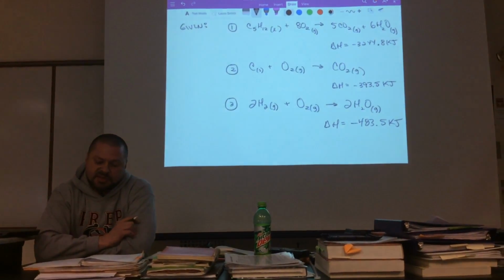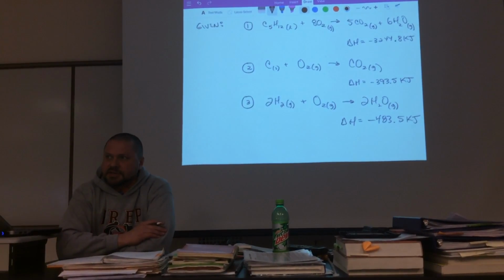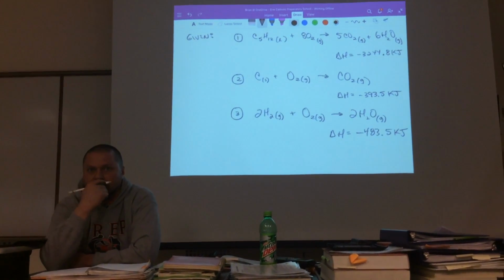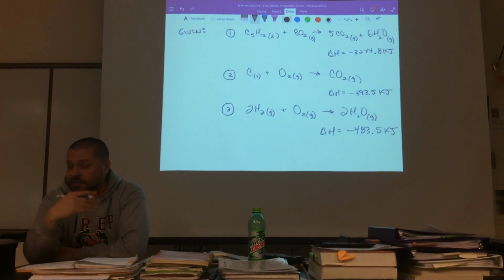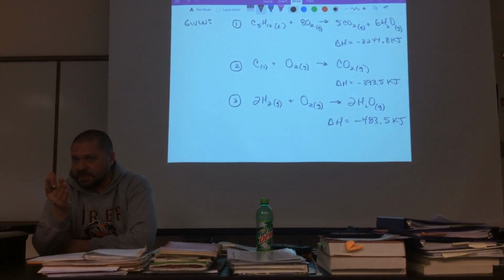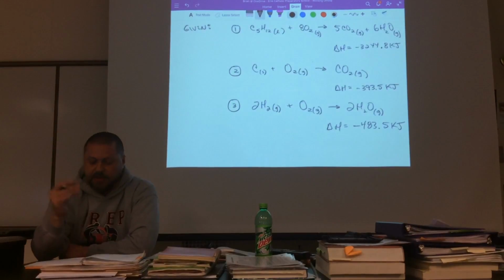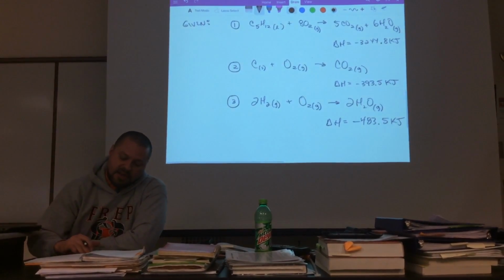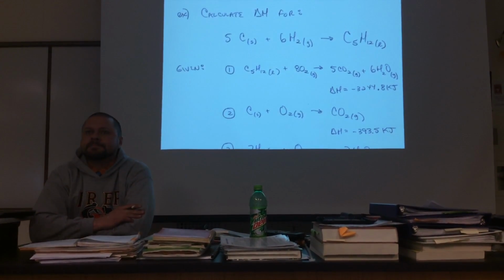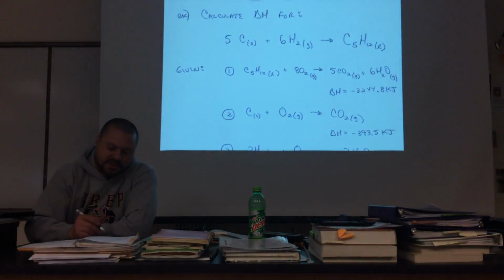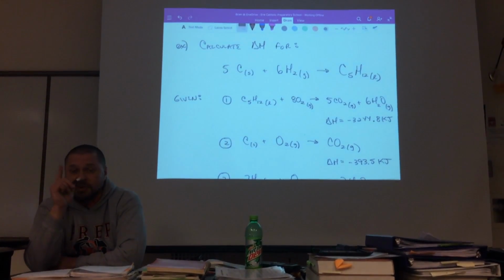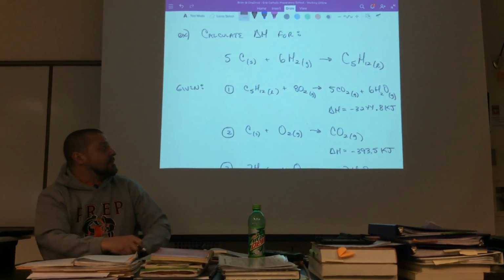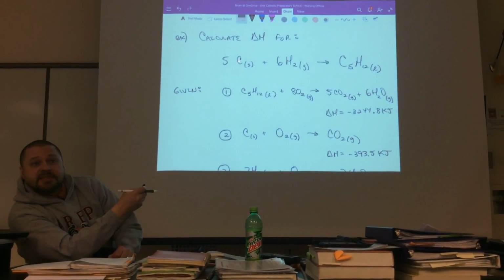My job is to rearrange these equations so I can model the initial equation. There are multiple ways to do this. You can read the book and see what they say, which is basically the same thing as I do, or you can trial and error it other ways. What I do is go to my original equation, the one I'm trying to emulate, and focus on one thing at a time. The first thing I'm going to focus on is this 5C.